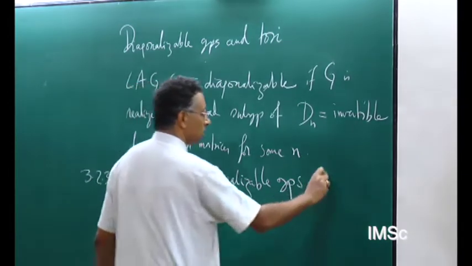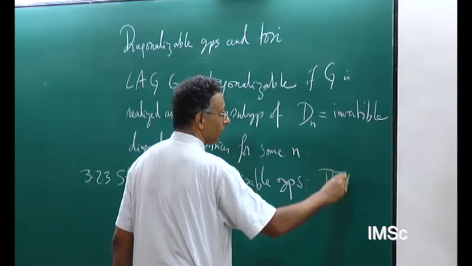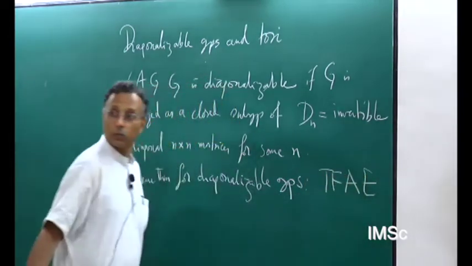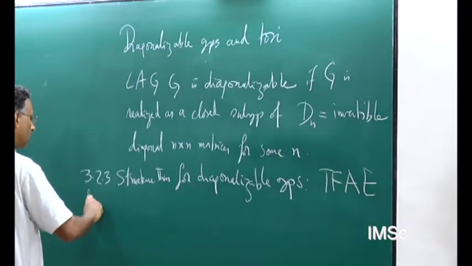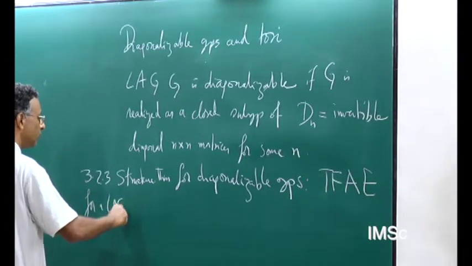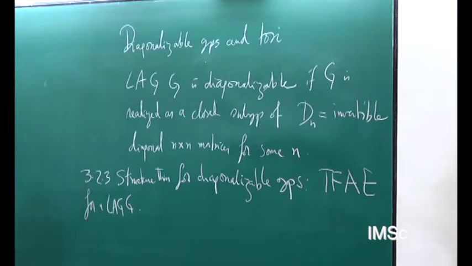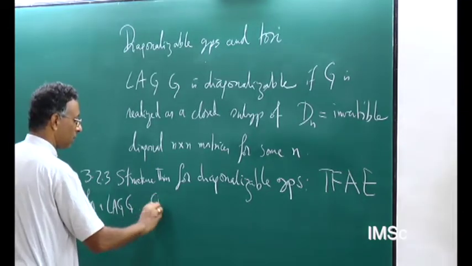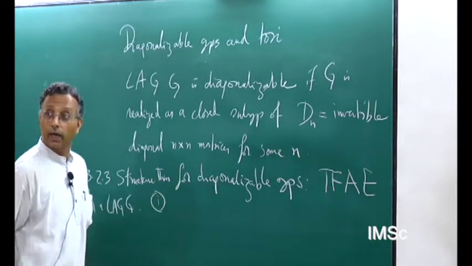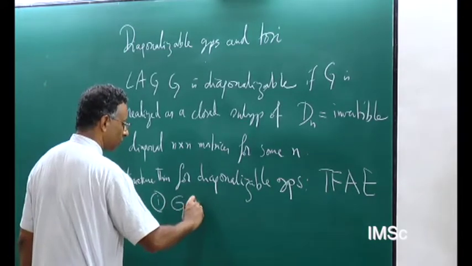The statement is the following: the following are equivalent for a linear algebraic group G. So the first condition is, of course, G is diagonalizable.